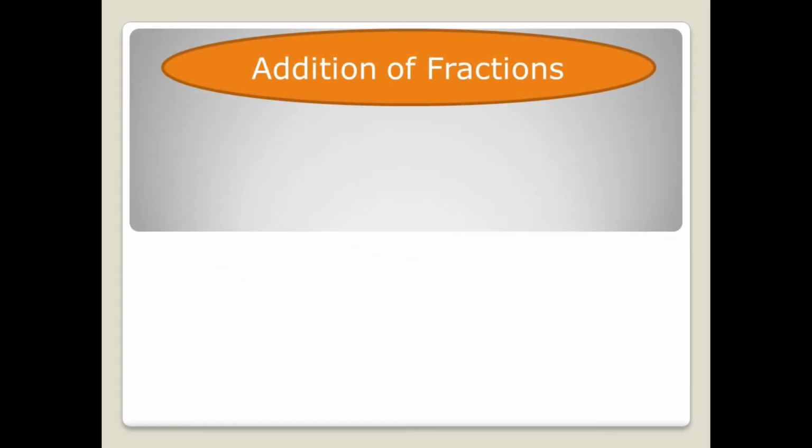Hello viewers, today we are going to learn addition of fractions. Let's start today's video. Example: we have to add 1 over 6 and 4 over 5. We know that these are not like fractions because their denominators are not the same.